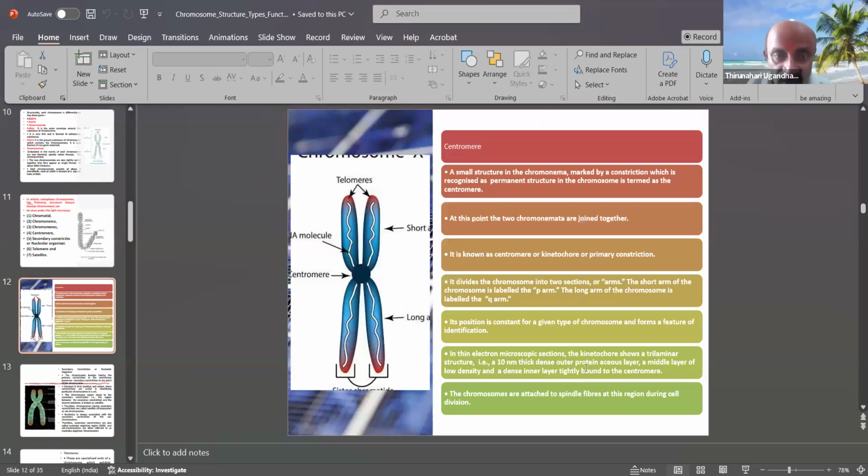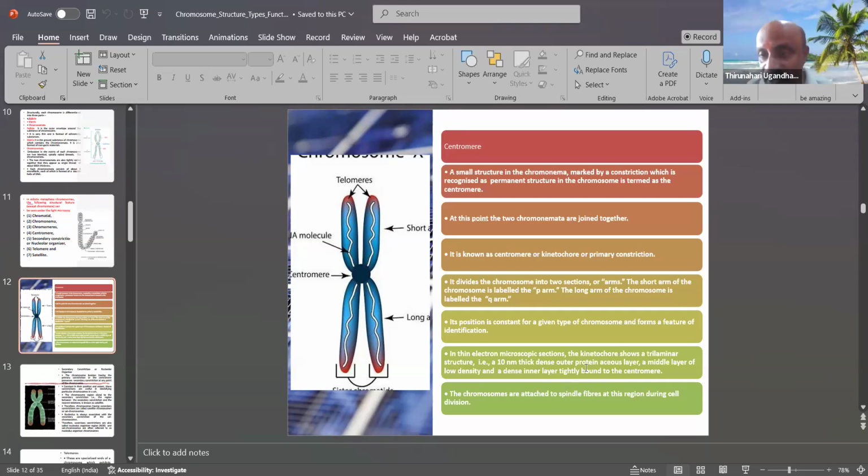What is the meaning of the centromere? Centro means center part. The centromere is a small structure in the chromosome marked by a constriction, and it is recognized as a permanent structure of the chromosome. The centromere is permanent and cannot change.